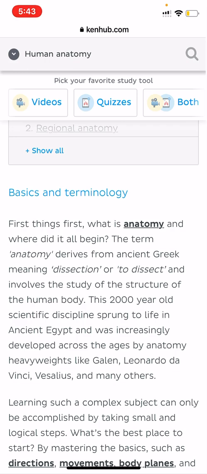The term anatomy derives from ancient Greek, meaning dissection or to dissect, and involves the study of the structure of the human body.